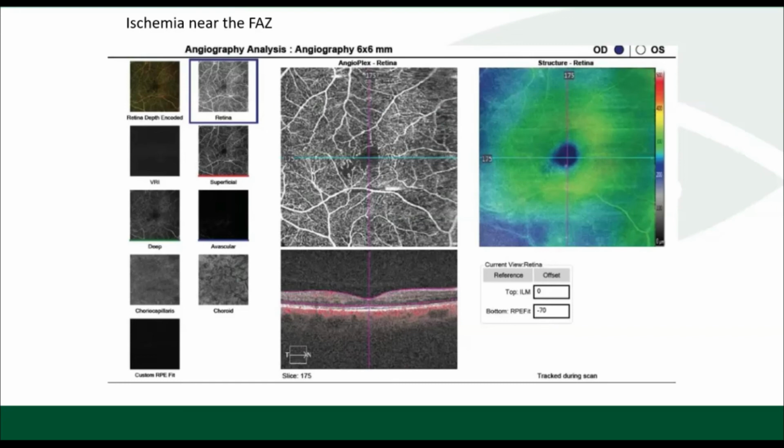And plus, with traditional angiography, you just didn't have quite the resolution. I mean, you could see ischemia, but with the fact that it's digital and we're looking at really a higher resolution, we can see this is a 6x6 scan. It'd be nice to have a 3x3, but you'd even be able to still capture the fine detail of the capillary dropout. So to me, it's really been a game changer in looking at these patients who have diabetic retinopathy.